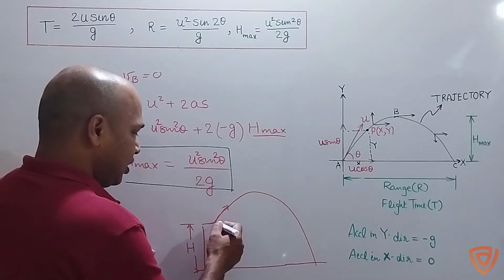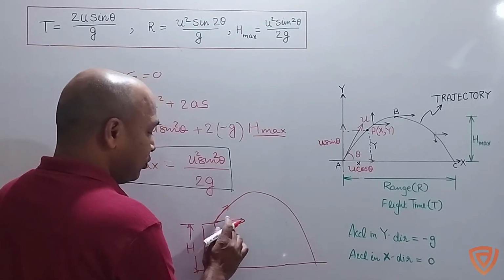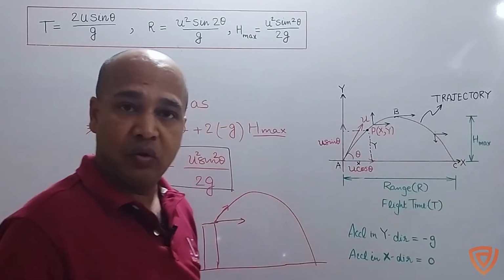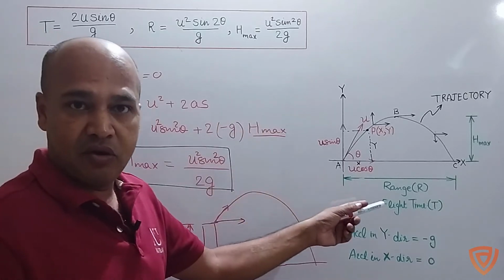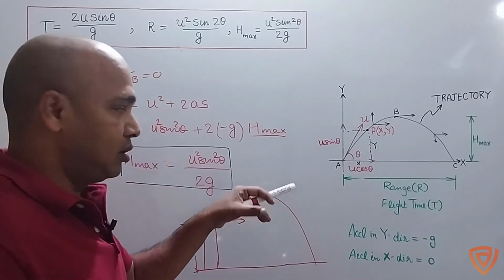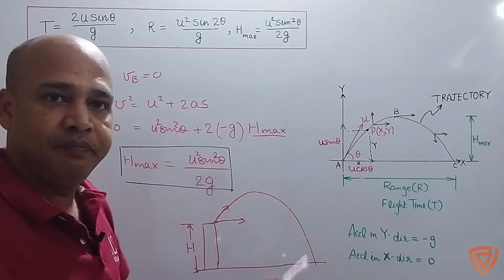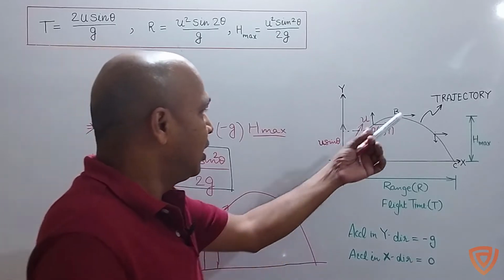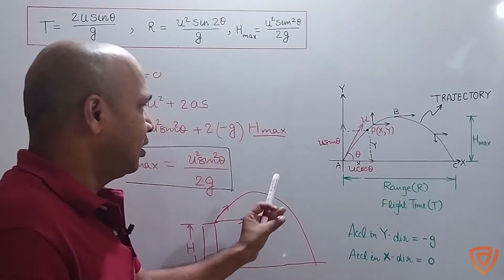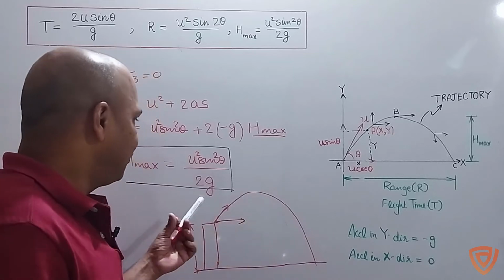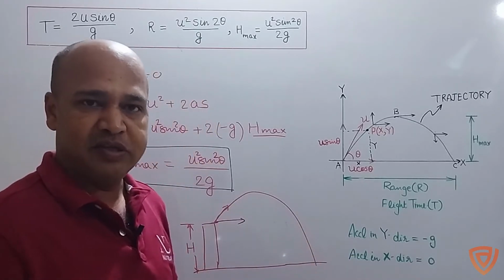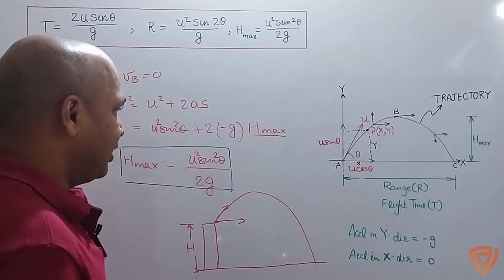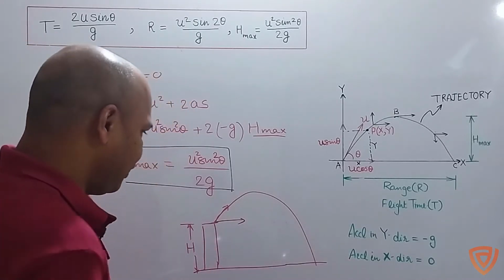So in that case you have to derive your own equations for flight time, range, height max and all those things. But the method of deriving these parameters will remain the same. The intention behind this is to make you understand how we convert the motion in a plane into one-dimensional motion and come up with these parameters. I hope this makes it clear, and with the help of this you can derive these parameters for any kind of problem.